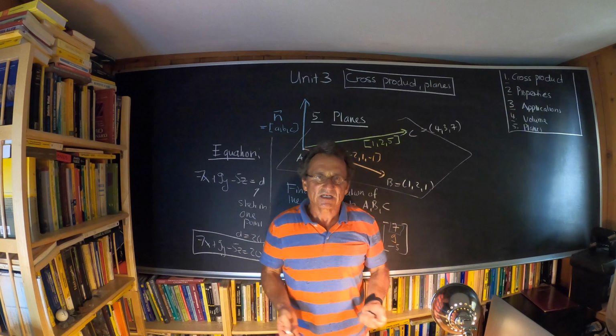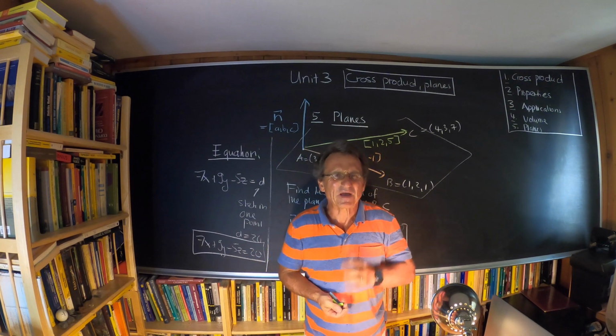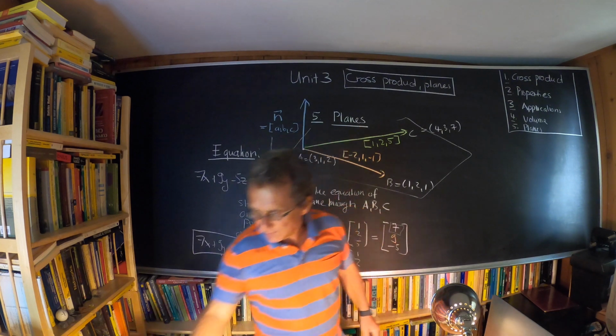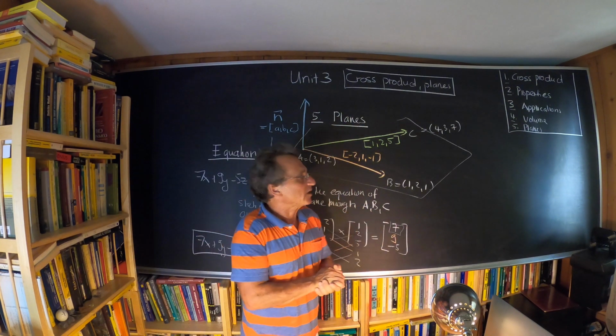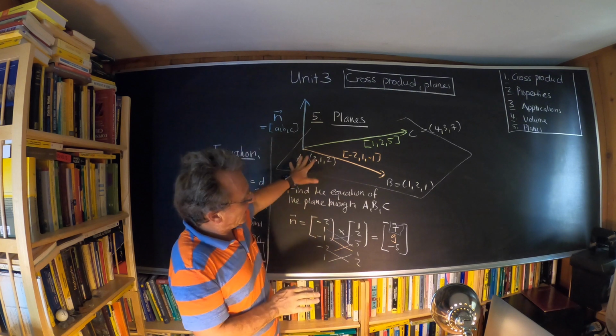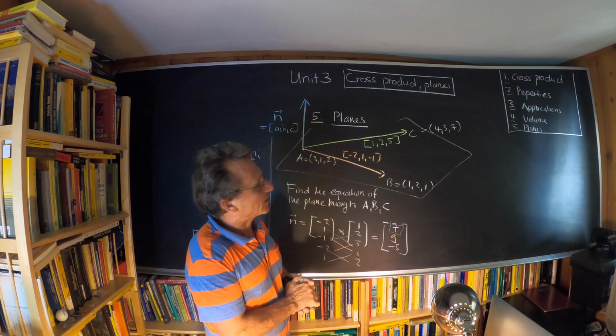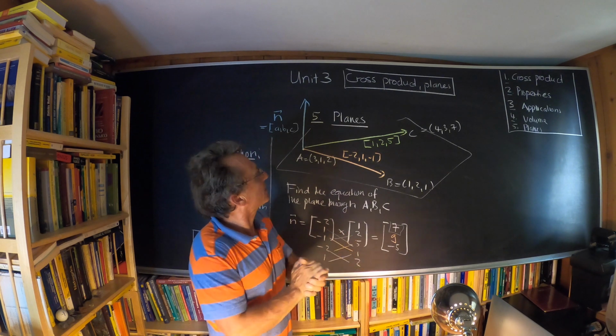So that's one of the fantastic applications of the cross product, that we can immediately get equations of planes and solve such problems without linear algebra. That's it for unit 3.